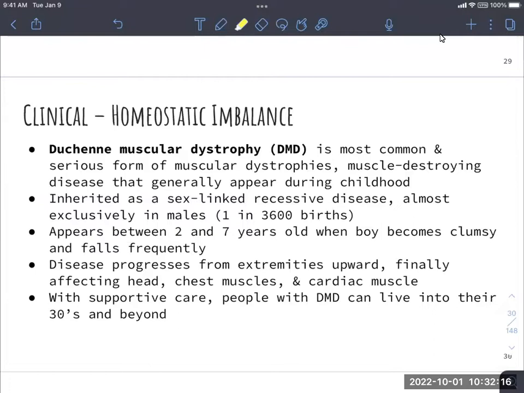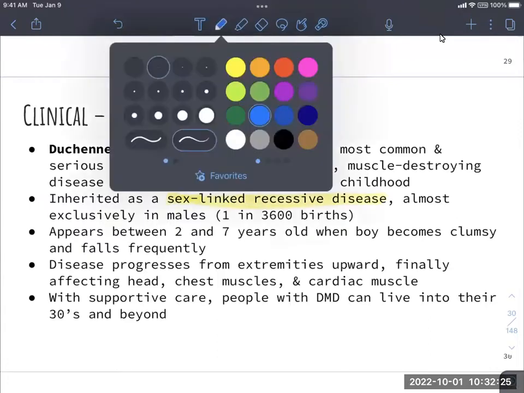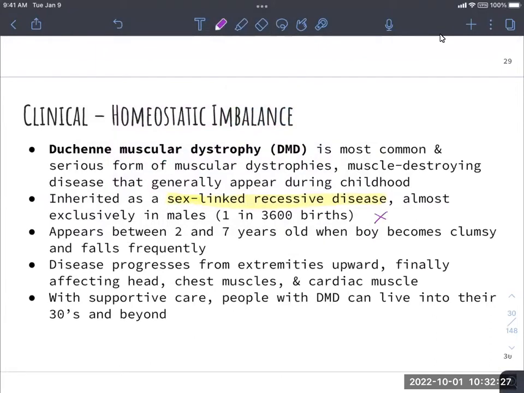Duchenne's muscular dystrophy is a sex-linked recessive disease, so it is on the X chromosome and comes from their mother.